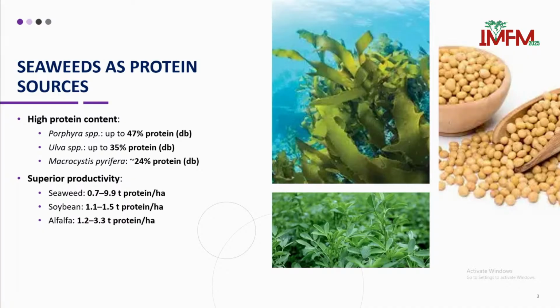Why seaweeds? Not all seaweeds, but there are many seaweeds that have a high percentage of protein. As you can see here, some seaweeds have been identified to contain a high percentage of protein, around 47%.